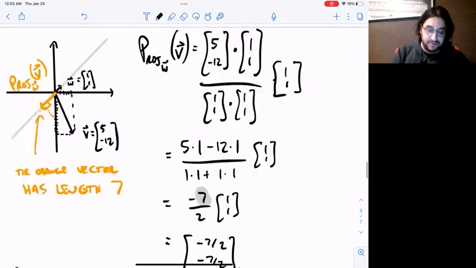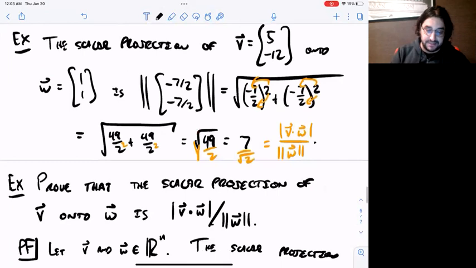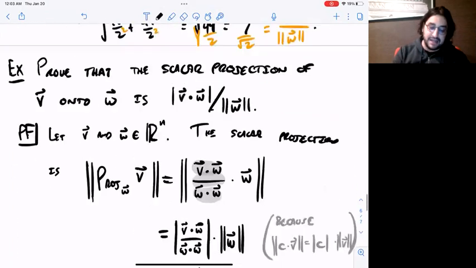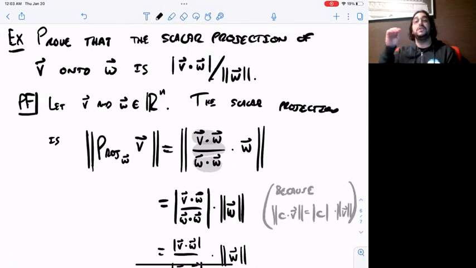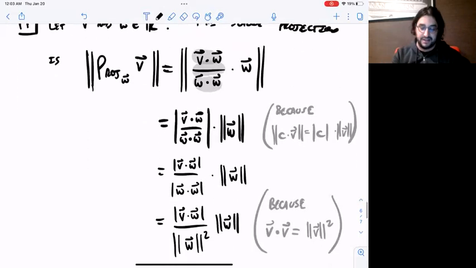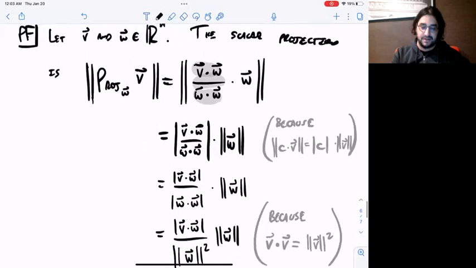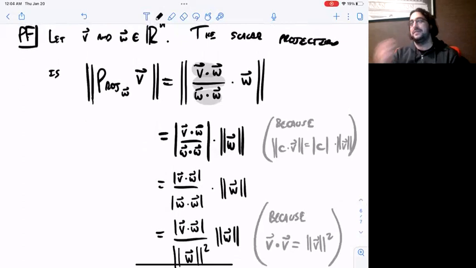Lastly, we proved something about scalar projections and dot products, right? A connection between the two. And here I didn't prove it by using coordinates. I did a coordinate-free proof, something maybe a little more elegant. Sometimes a little trickier to get used to, but also certainly a little bit more elegant. I didn't write v as v1 through vn. I didn't write w as w1 through wn.